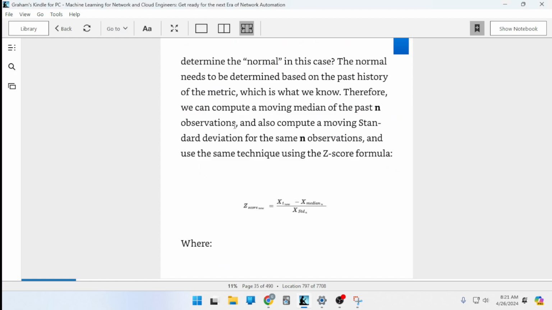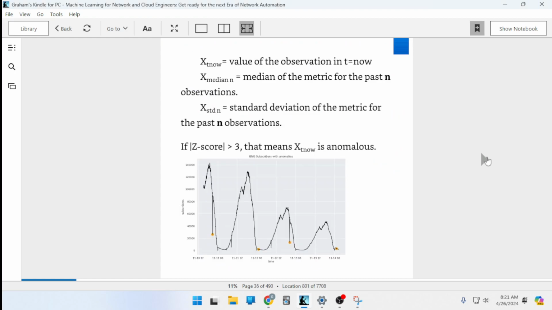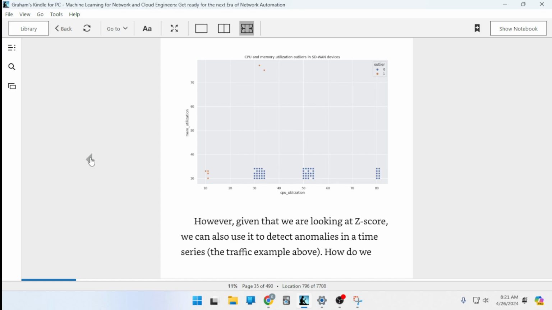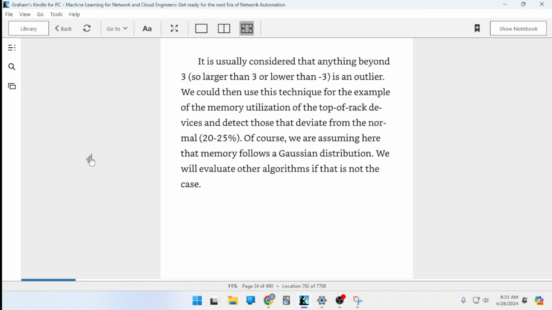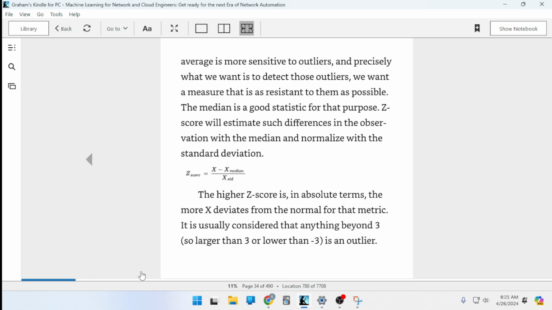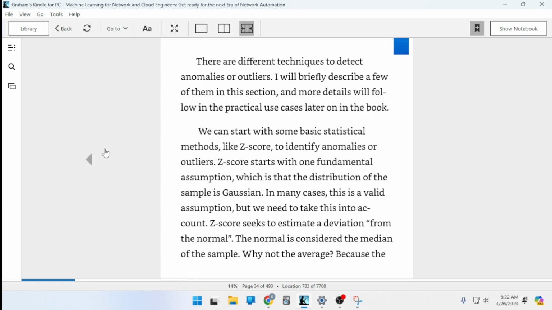So let's try to understand where that number 3 is coming from. Well, the number 3 was first brought up there. No, 3 is part of the formula.